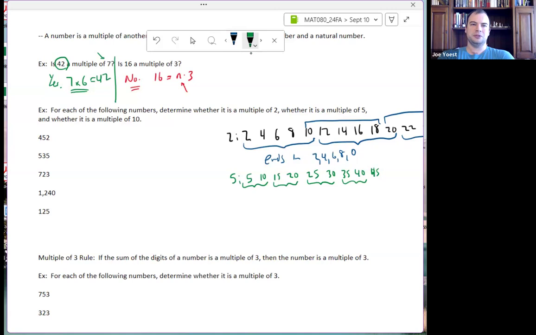So all multiples of 5 end in either 5 or 0. And we can say the reverse as well in this case. We can say that any number that ends in 5 or 0 is a multiple of 5. Maybe I should say any natural number ending in 5 or 0 is a multiple of 5.